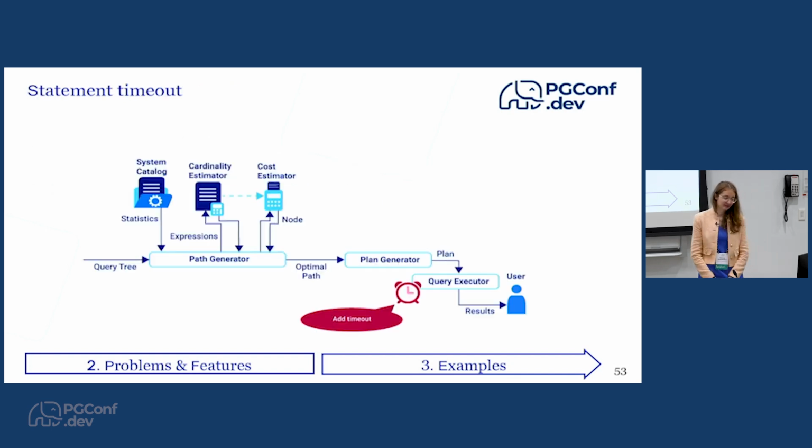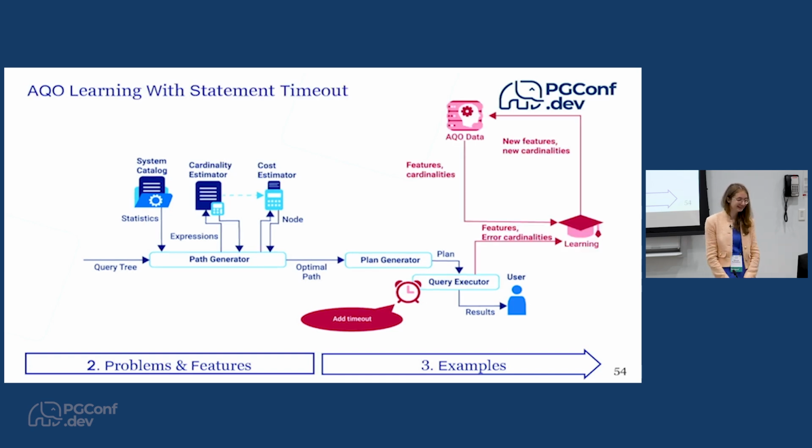It is a similar schema, but we see another new component, and it is statement timeout. When the query executor finishes its procedure, in the main workflow, AQO collects information about selectivities and cardinalities.